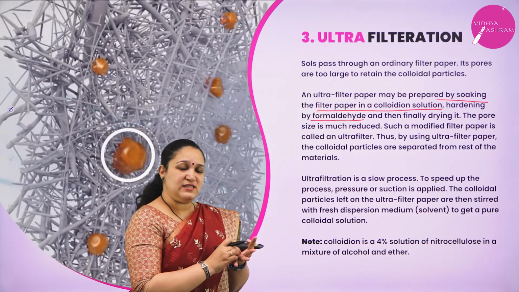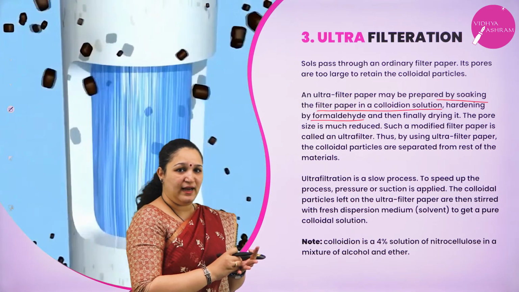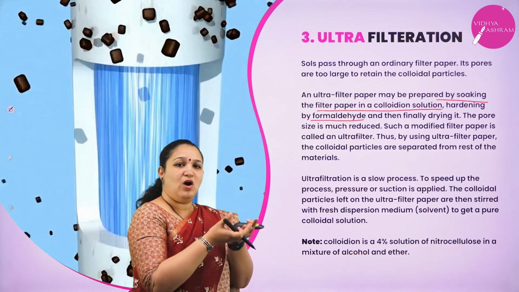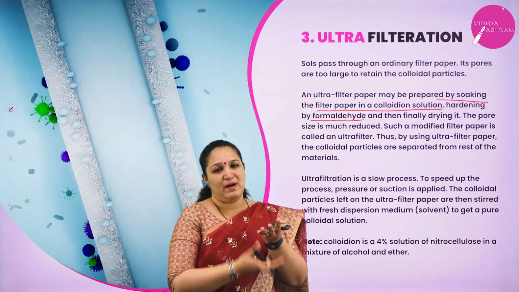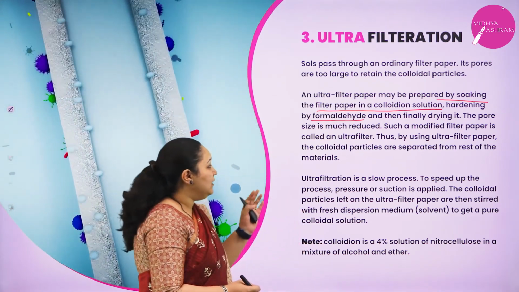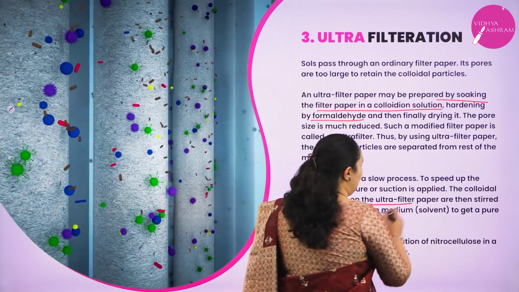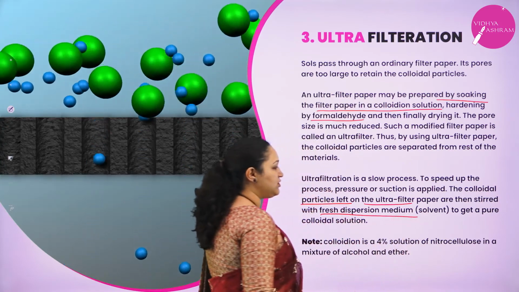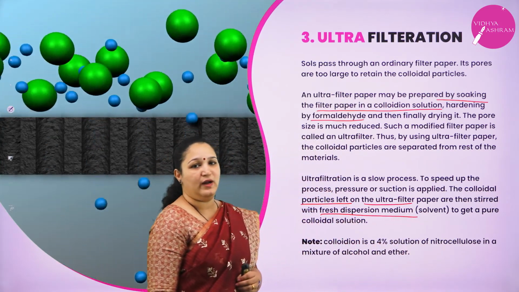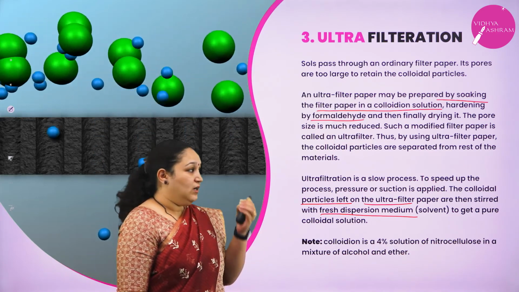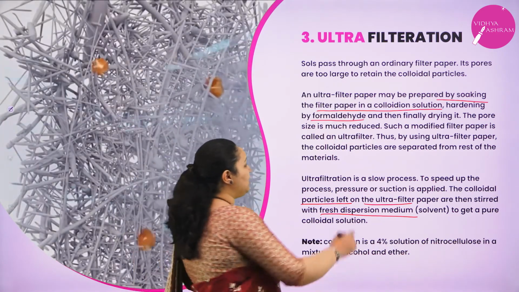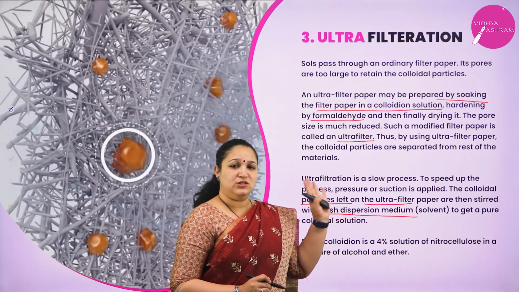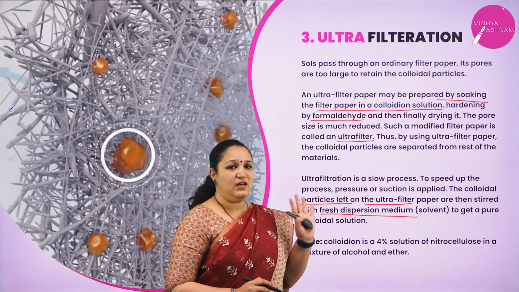Now the pore size has reduced such that only the colloidal particles remain back and all the other particles just pass through. The colloidal particles left on the ultrafilter paper are stirred with fresh dispersion medium to get the colloidal solution back. Now, the filter paper is called the ultrafilter paper. Here the filtration process is really very slow.